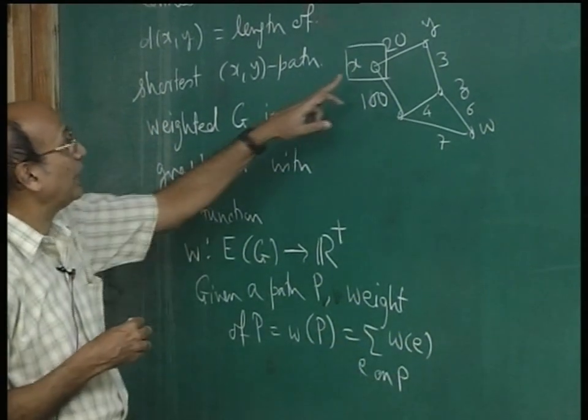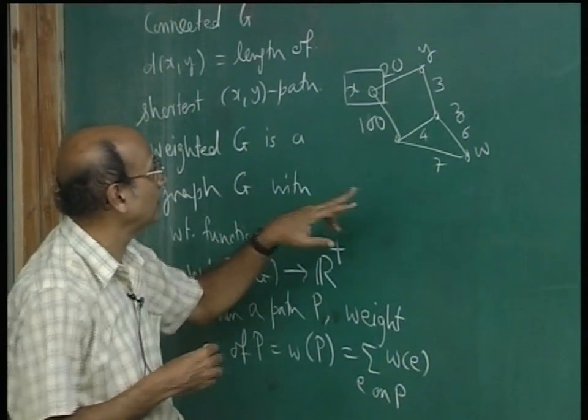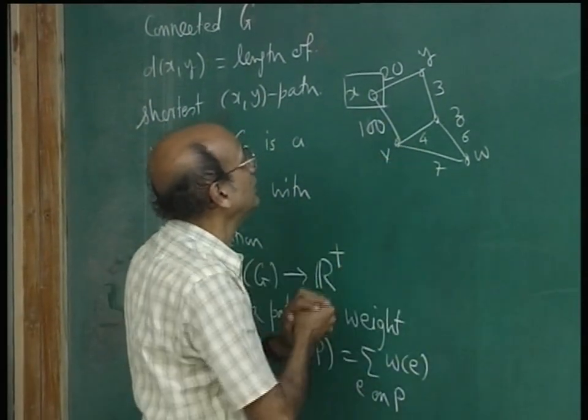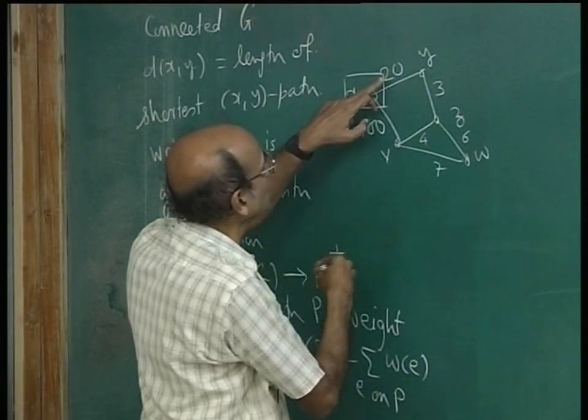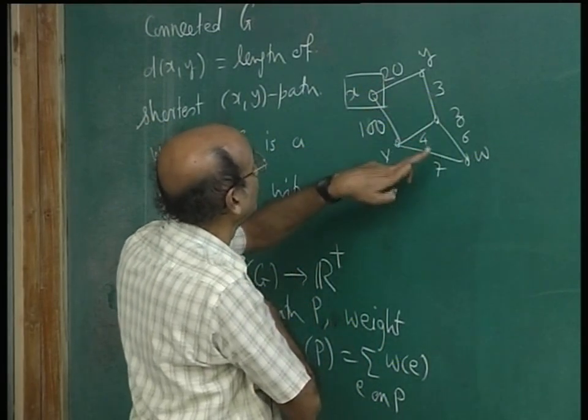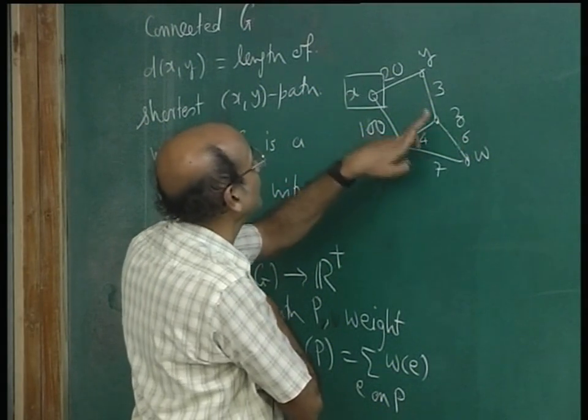So if you take this path from x to y to z to w, this will be 20 plus 3 plus 6, that comes to 29.